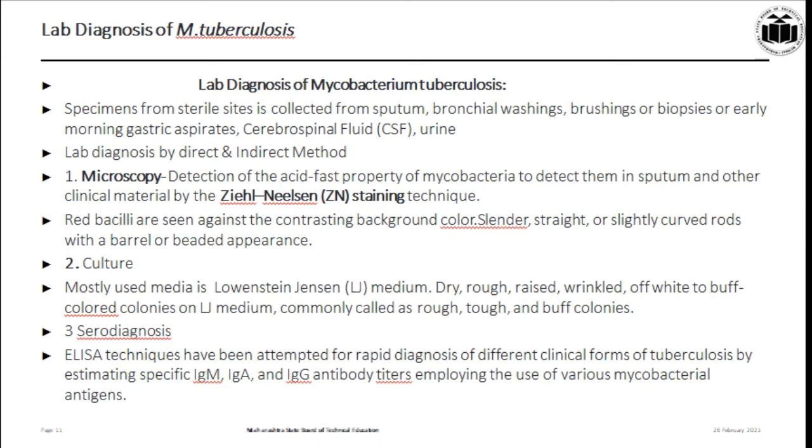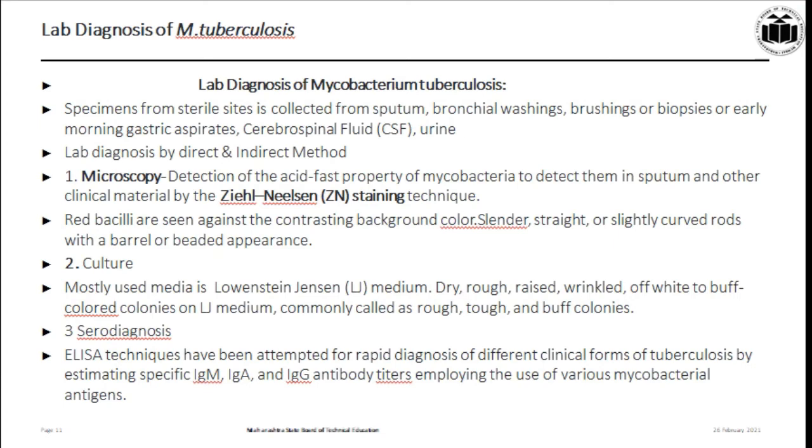If present, it is confirmed that the person is suffering from Mycobacterium tuberculosis. But still, for further confirmation, you should culture and study the cultural characteristics of Mycobacterium tuberculosis.